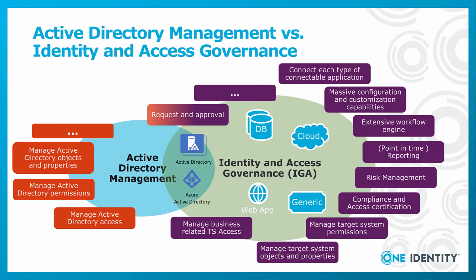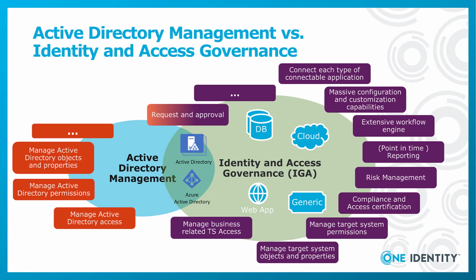After we identified differences between the structural approach and the management approach, it is time to drill one step deeper into these solutions and figure out what is the difference between an Active Directory management solution and an identity and access governance solution. First of all, the size is different.